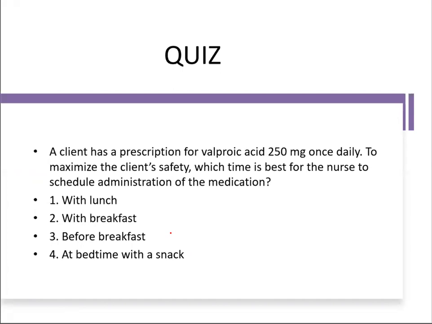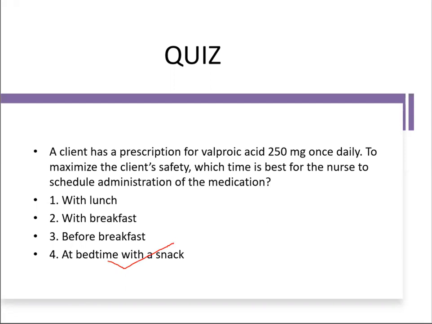When the client is taking this medication as a single daily dose, administering it at bedtime negates the risks of injury from sedation, and this also enhances client safety. Otherwise, if I had that option, I would have given it after meals to avoid GI upset, but I don't have that. So number 4 is my correct answer.